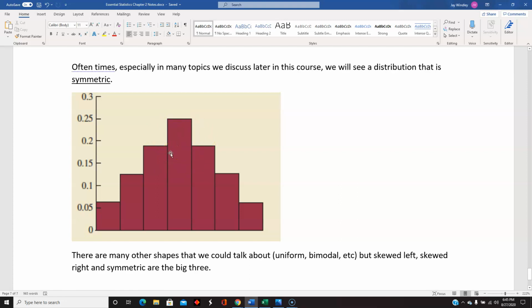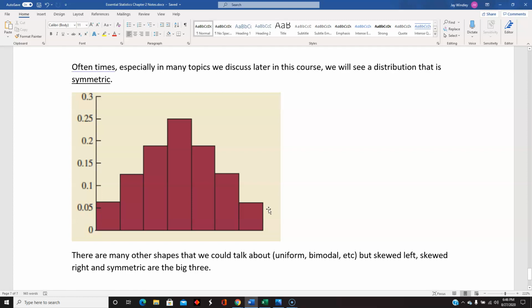For example, we see this a lot with almost any kind of testing data like IQ scores and stuff like that. Whole bunch of people piled up near average, and then a very few people out here with really high IQ and a very few people down here with really low IQ. So there's a lot of data that follows this kind of symmetric shape.